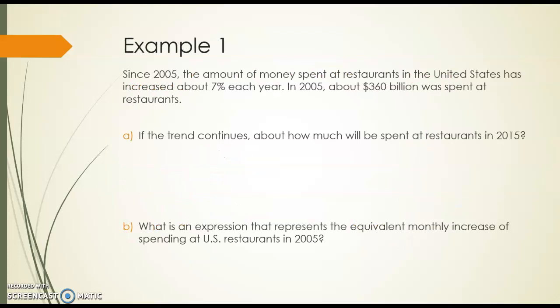So now we're going to use this. Since 2005, the amount of money spent in restaurants in the United States has increased about 7% each year. In 2005, about $360 billion was spent at restaurants. If the trend continues, about how much will be spent in restaurants in 2015? So we're going to be working with y equals a times b to the x.